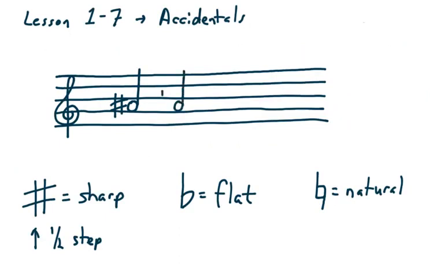Okay, now, see what I mean? And then the stem of the flat right here goes up to the next line or space. Okay, I'm going to do some ones on a line here in a minute so you can see what it looks like. Now, the flat, if the sharp raises it, think what happens. You flatten something, it gets lower. So if you flatten it, it goes down 1/2 step. Okay?